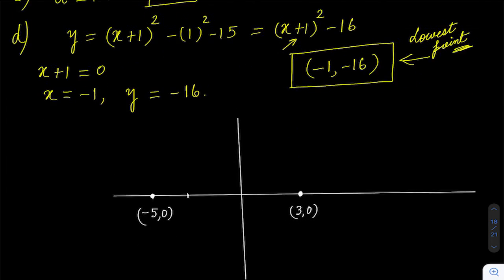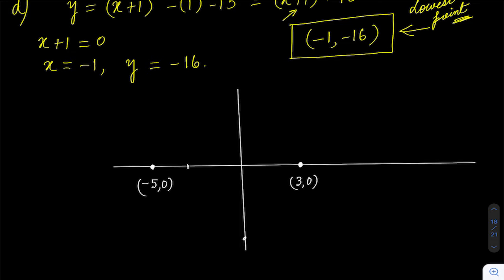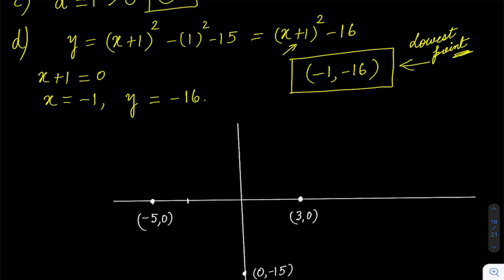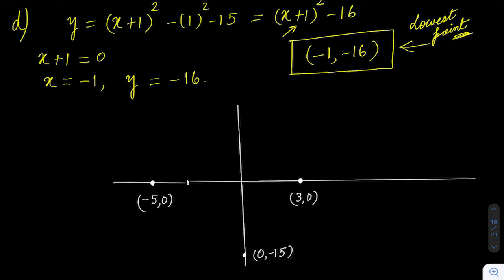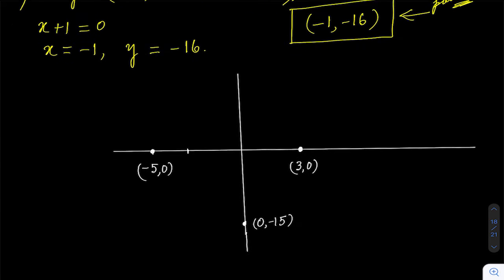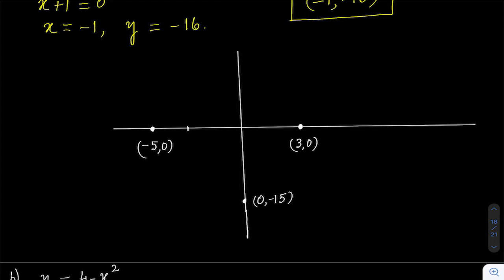The y-intercept is minus 15. It is passing through (0, minus 15). It is passing through this point. That's the third thing. Fourth thing, A is positive, so it opens upwards, so it should go and open upwards, a parabola. And last thing, the lowest point is x is minus 1, y is minus 16.